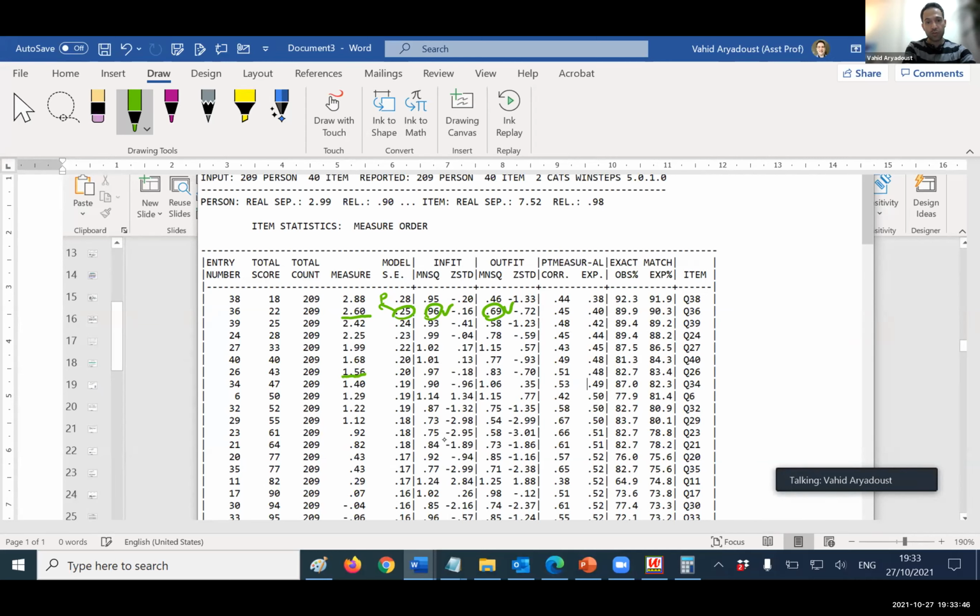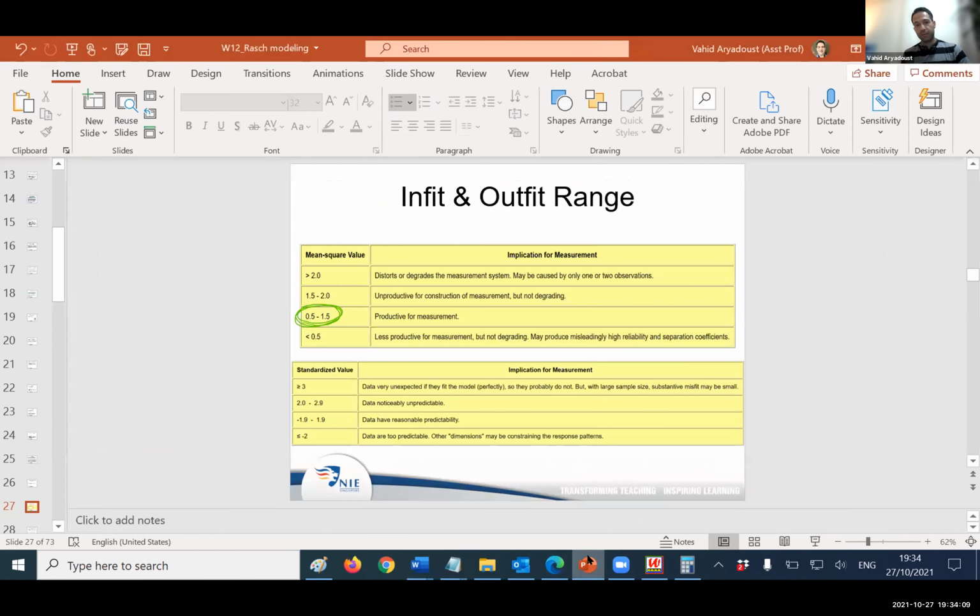This is the measure. This is the interval in the population. Is it correct or not? Based on this? Yes, correct. And this? Yes. Why? Because it's simply falling between 0.5 and 1.5, as you can see from this slide here.